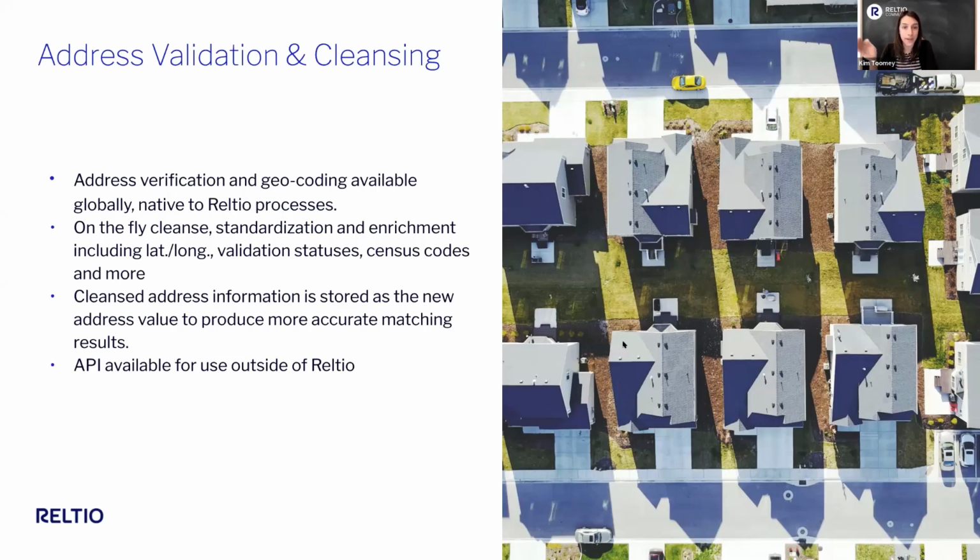So every address, if you have a primary residence or a secondary residence or shipping and billing addresses, they're all going to be cleansed based on the input that we've seen. And then you can store, and again, we'll see this in the UI, essentially an address type, if you will. So we can store each of those address values. They're all going to get cleansed and standardized and then remain as those nested attributes, storing multiple values on the profile.